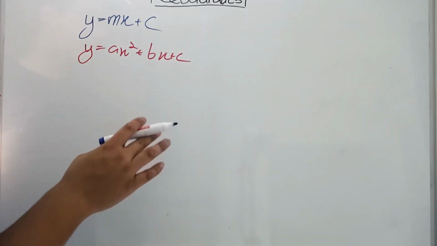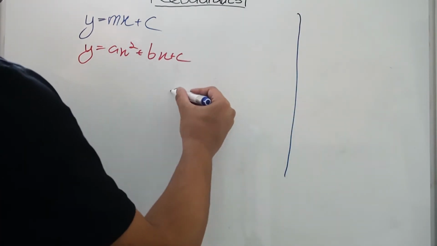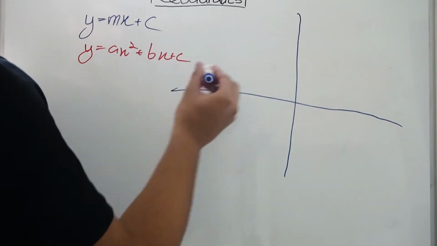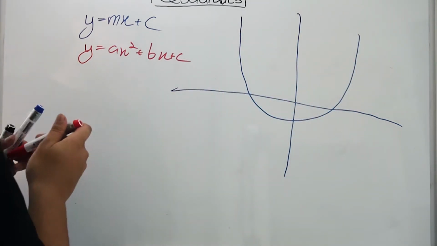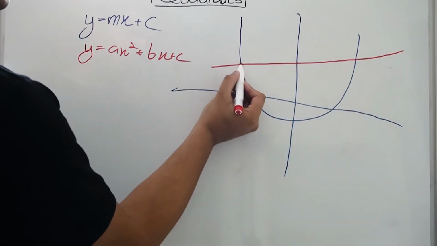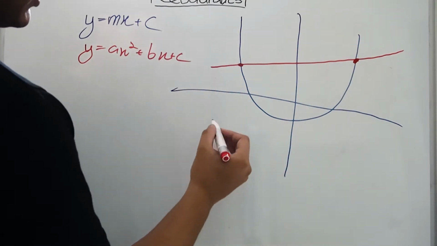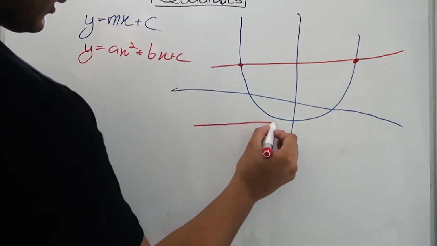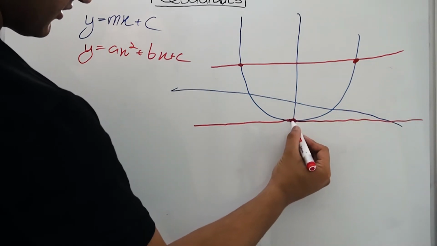Now there are a few possibilities about what can happen when you have these two equations. The first possibility is that you have the quadratic equation and a linear equation passes through it, and there are two intersection points. Another possibility is that the line touches the graph and there is one intersection point.